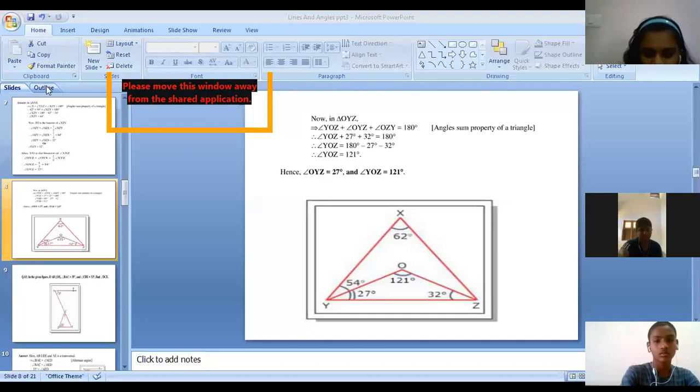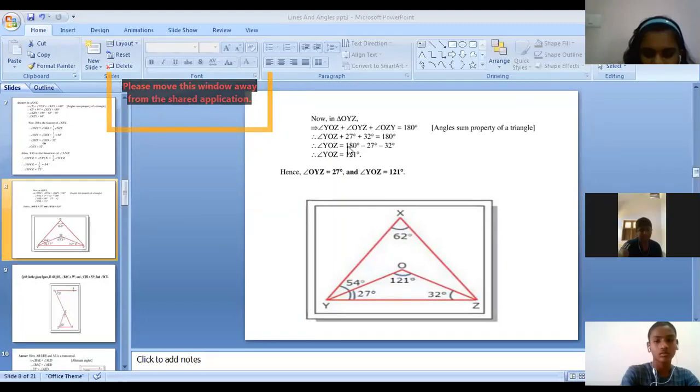By the angle sum property, we can say that angle O plus angle Y from the smaller triangle plus angle Z equals 180 degrees. That is, angle O, which is unknown, plus 27 plus 32 gives 180 degrees. So in order to find angle O, that is angle YOZ, equals 180 minus 27 minus 32. How much is it?